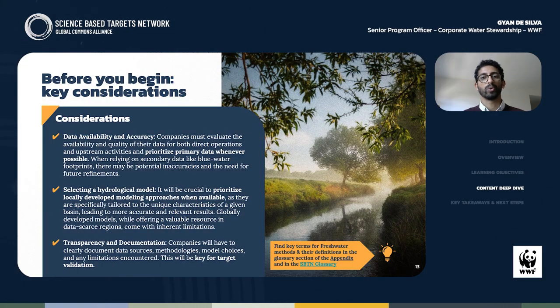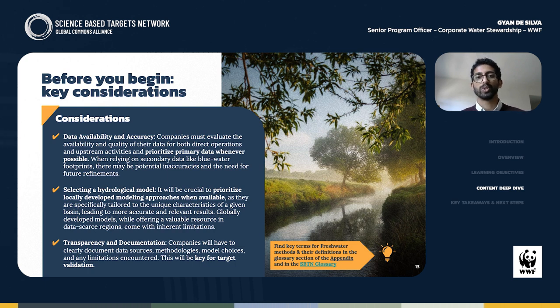Before you begin with the process of setting freshwater targets, you must keep in mind a few considerations. First, companies must evaluate the availability and quality of their data for both direct operations and upstream supply chain activities and prioritize primary data whenever possible. This limits the risk of potential inaccuracies and the need for future refinements.